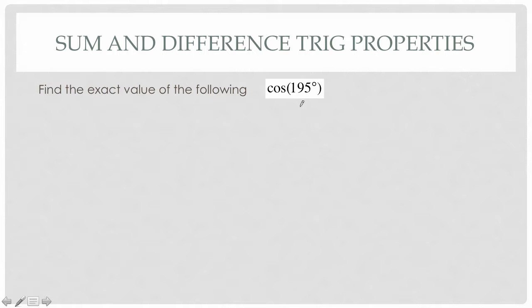I can think about this as 195 equals 135 plus 60, right? So I could rewrite the problem like this, and this would be the sum. So 195 is the sum of 135 plus 60.